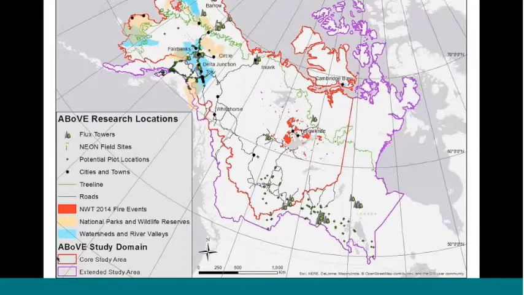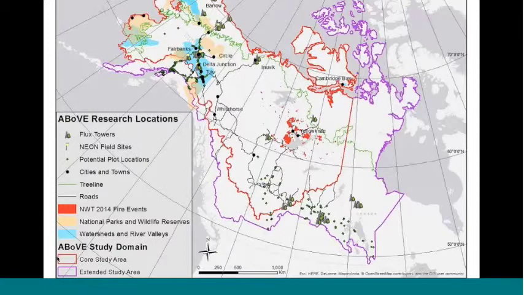And then there's a bunch of little dots on there that are permanent plot samples at the southern end of the boreal, where forest stands have been monitored for a number of years, and we're studying those in terms of what's happening in boreal forest productivity and mortality and so on.